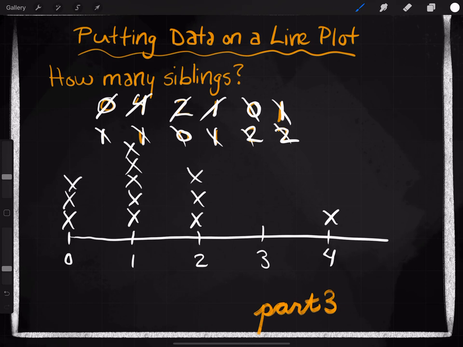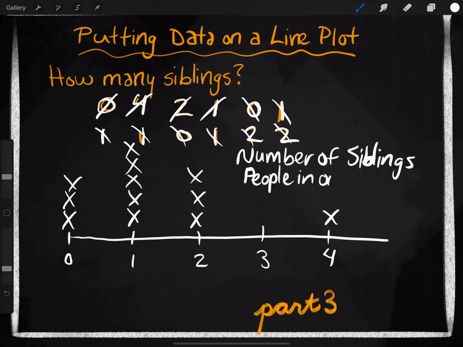So now I have this line plot. And then I'm going to put a title on it because otherwise I might not remember what these X's are even talking about. So I might call it something like number of siblings people in our class have.